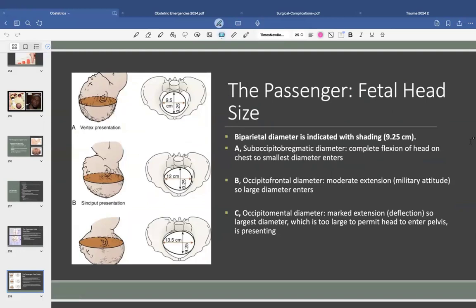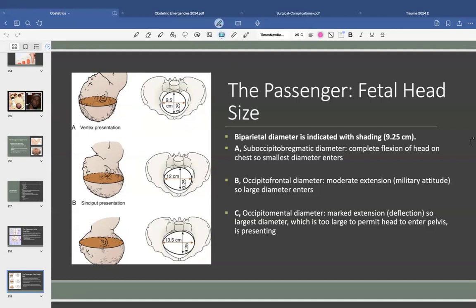If the baby's head is positioned in another way, if the head is not flexed, or if the baby is straight up and down, that size is greater. So you went from 9.5 centimeters wide to 12 centimeters wide to 13.5 centimeters wide, just because of the position of the baby's head. When the baby's chin is tucked, that smaller part is able to come out versus the wider parameters you'll see in those different positions.